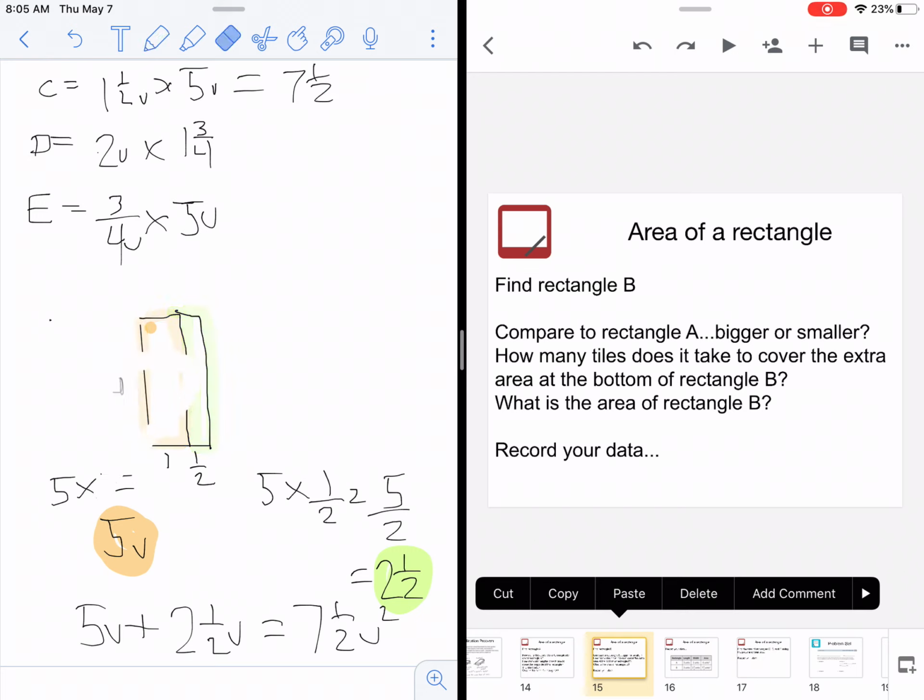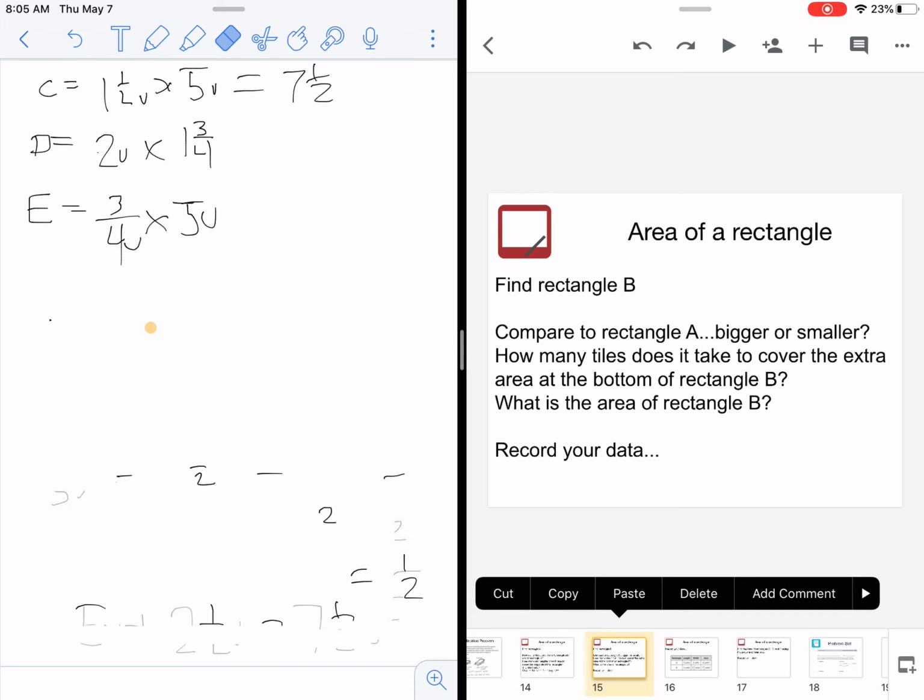All right, D is 2 units times 1 3/4 unit. So if you don't want to draw this out, 2 times 1 3/4, I'm going to show you how to do that. Okay?